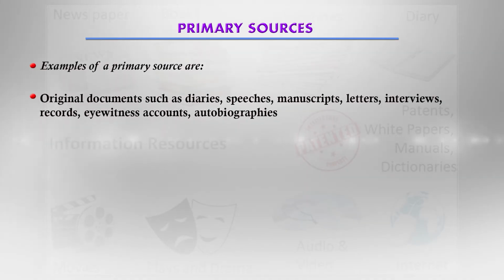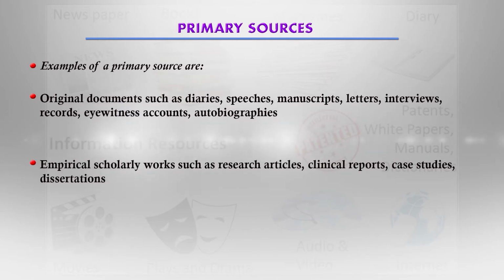Now, coming to some examples of primary sources. Original documents such as diaries, speeches, manuscripts, letters, interviews, records, eyewitness accounts and autobiographies all come under primary sources of information. Similarly, empirical scholarly works such as research articles, clinical reports, case studies and dissertations also form part of primary sources of information.